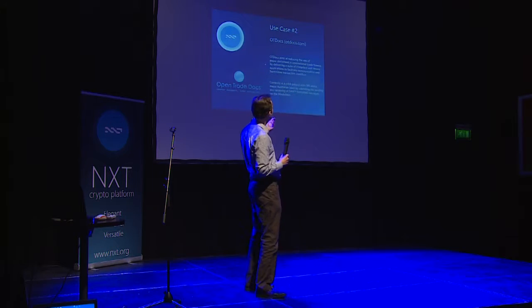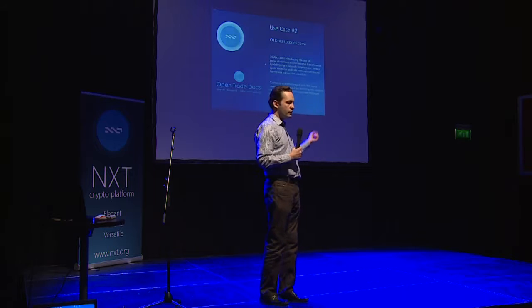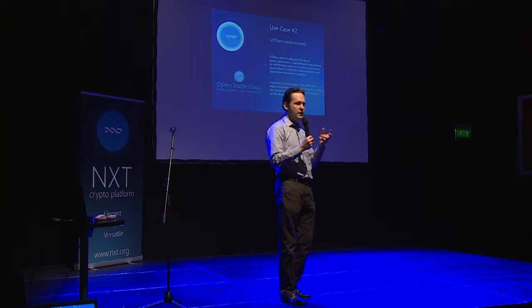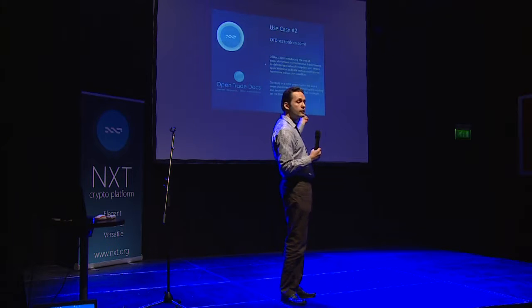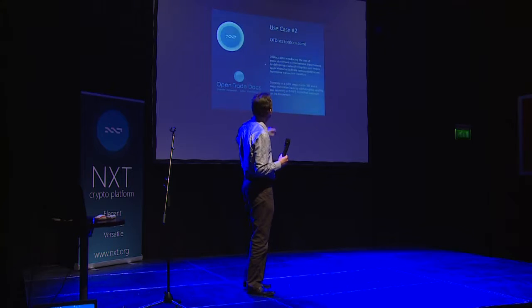You can store the documents on the Nxt blockchain, or you can store it at a separate place and only make a hash of the document, so you can prove this document is the same as has been verified here.